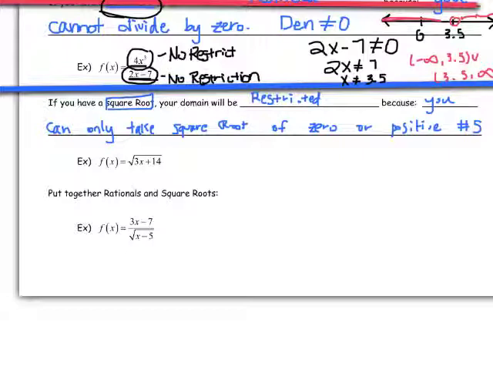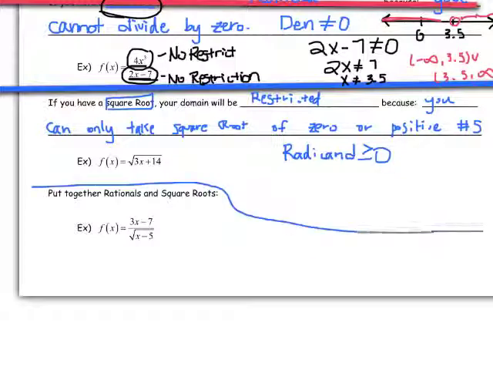And so what the rule is going to be is that we're going to set the radicand to be 0 or positive, greater than or equal to 0. So this is the radicand, 3x plus 14, and I'm going to set that to be greater than or equal to 0.